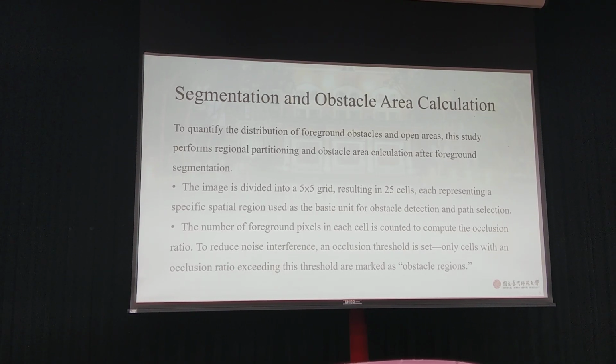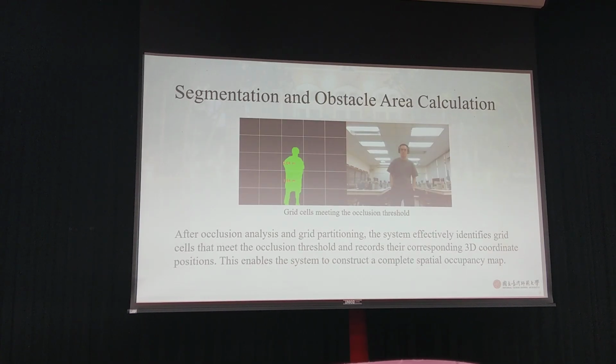Only regions with a ratio exceeding a defined threshold are marked as obstacle areas. Through occlusion analysis and grid partitioning, the system identifies obstacle regions and records their grid position, thereby constructing a complete spatial occupancy map.